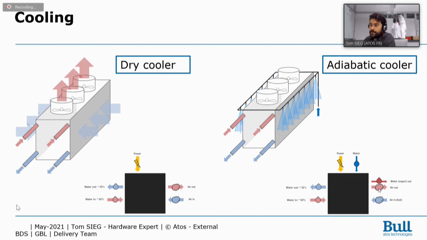The water could be sent directly to a river, a lake, a sea, for example, and some of this water could also go into the air. The system will just spray water on this area to optimize the heat exchange.